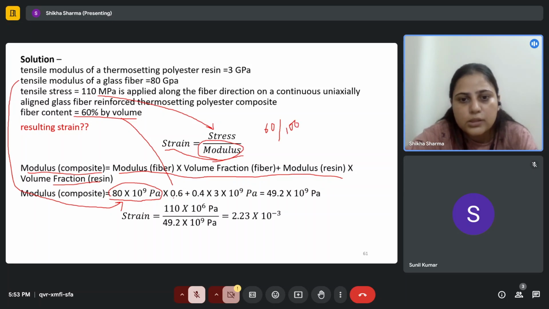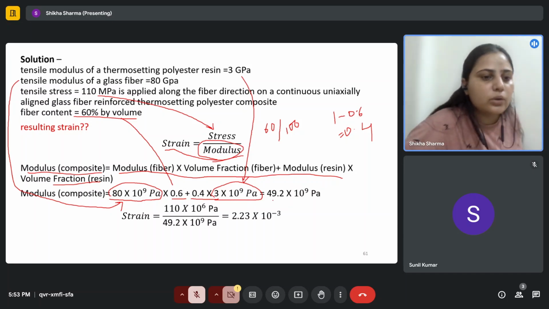which is nothing but 0.6, plus the volume fraction of the resin, which is 1 minus 0.6, because 1 minus the fiber part. So the volume fraction of the resin will be 0.4, into its modulus, which is 3 into 10 to the power 9 Pascal, given in the question, right?